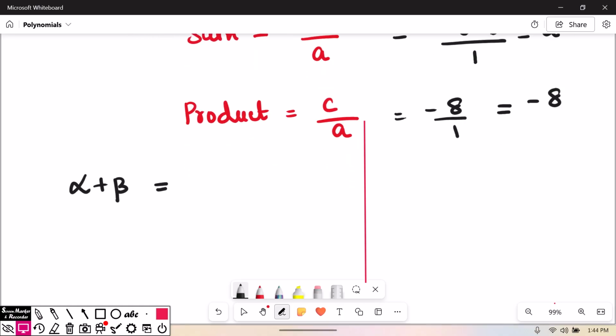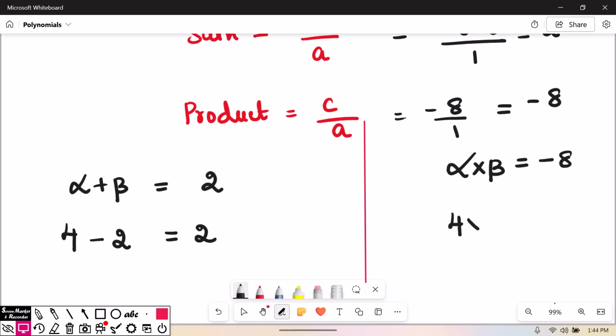My sum of the zeros is 2. My alpha value was 4 and my beta value was minus 2. So 4 minus 2, are you getting 2? Yes. Similarly, I'll check my alpha into beta. That should be equal to my product, which is minus 8. My alpha was 4 and my beta was minus 2. 4 into minus 2, I am getting minus 8.